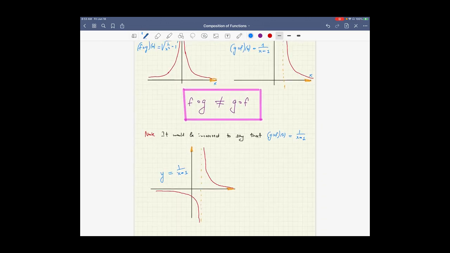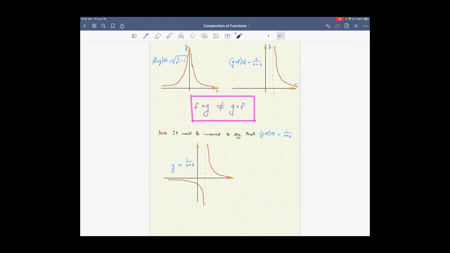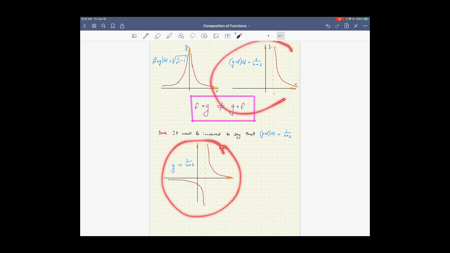Compare this graph and this graph. They are indeed different.